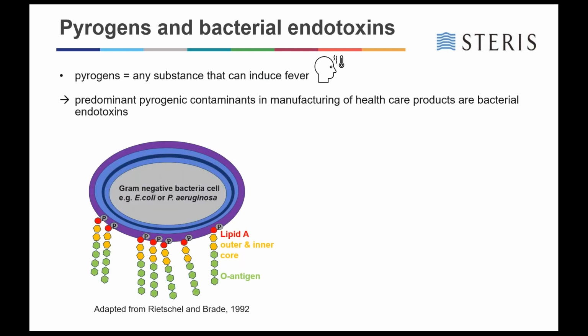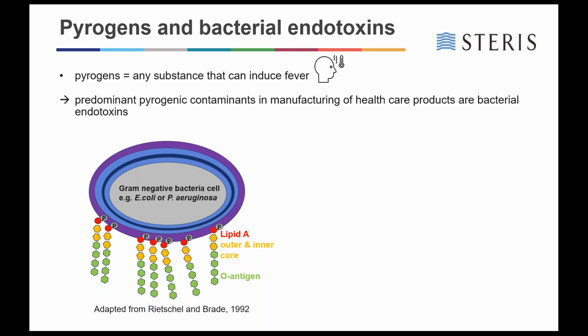We have this illustrated nicely here for you, so you can see an example of a gram-negative bacteria cell. And inside this outer cell wall, we can find the endotoxins, the lipopolysaccharides that are so crucial. Of course, this is a simplified illustration.